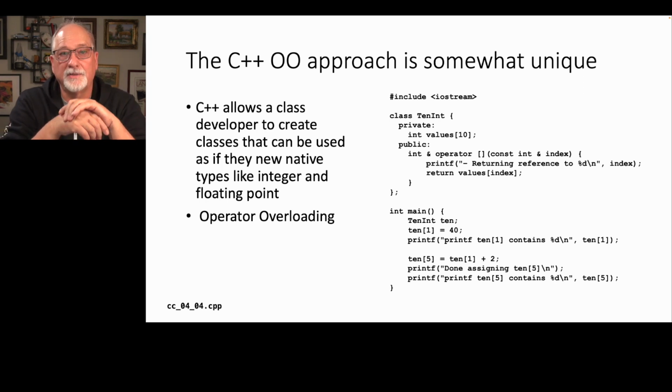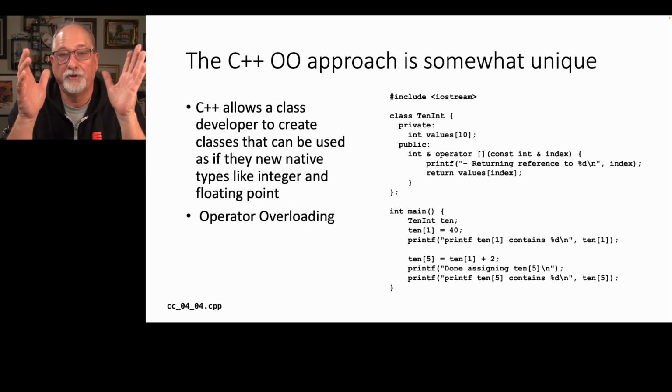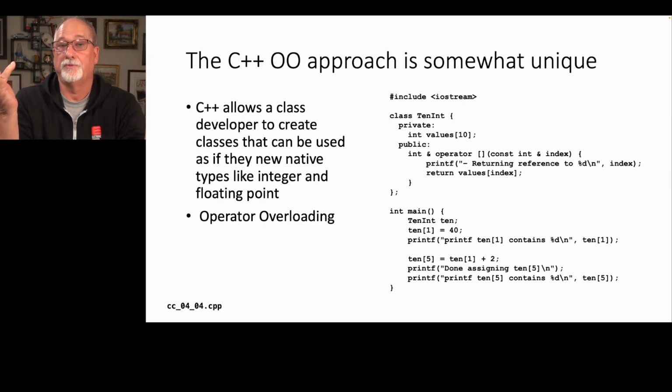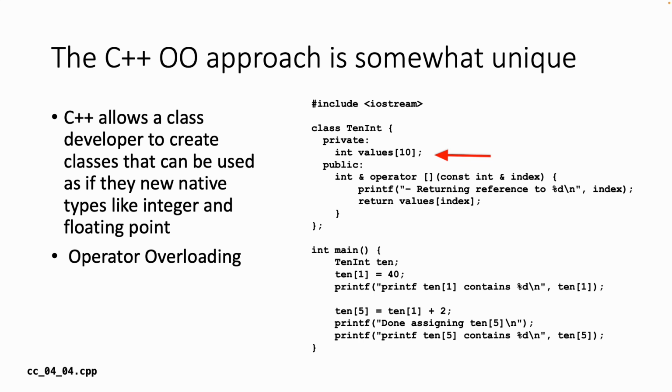You are writing a class. So in this bit of code here, I've created, for no particular reason, a class that I call 10 integers in a row. And I have an array of 10 integer values, but that's private. So that's something that the outer class can't talk to.